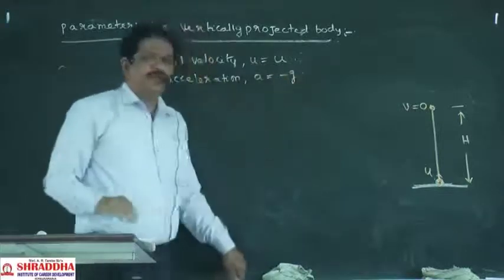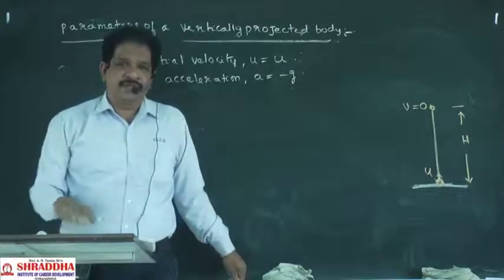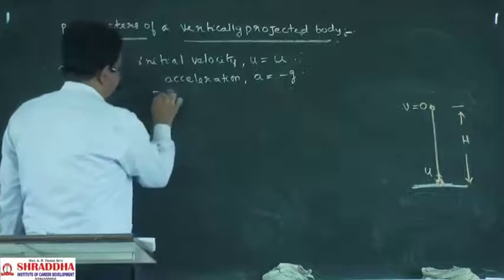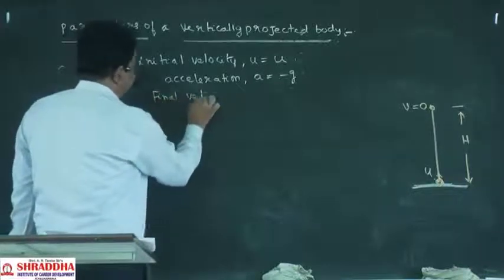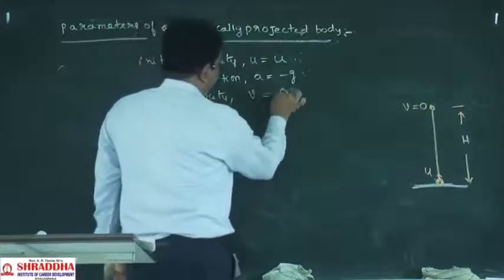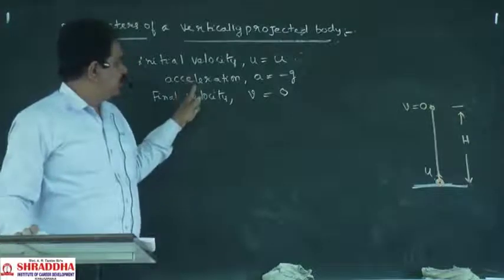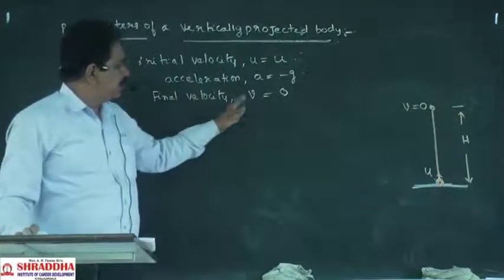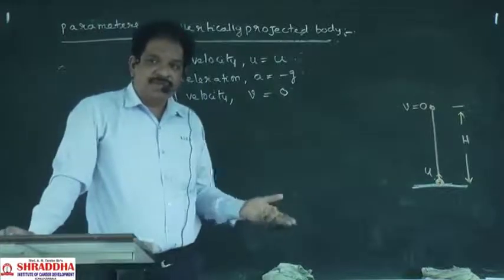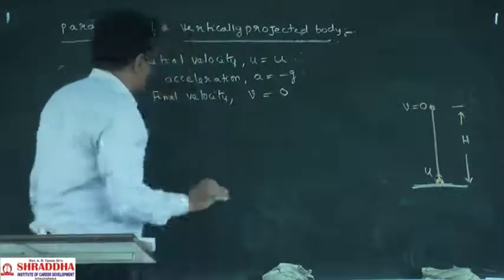That a value here will be equal to minus g. a is equal to minus g. What is its final velocity? The final velocity symbol will be v here. That v value here is equal to 0.